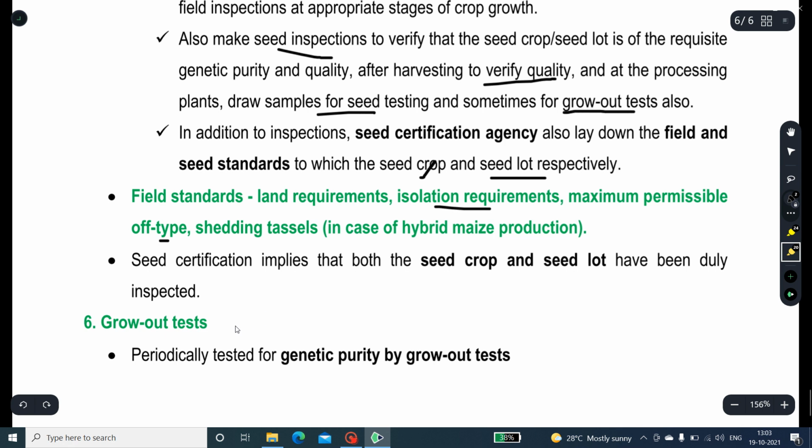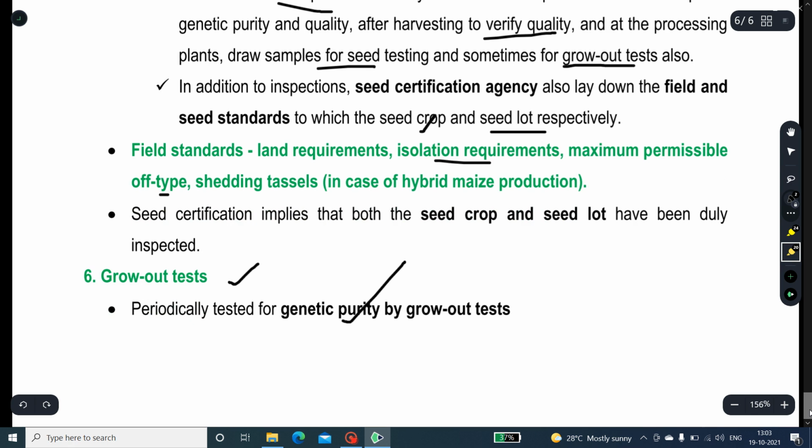And we have already seen that the grow out test is conducted periodically to determine the genetic purity, and the varieties being sown for seed production should be periodically tested, to make sure that they are being maintained in their true form.